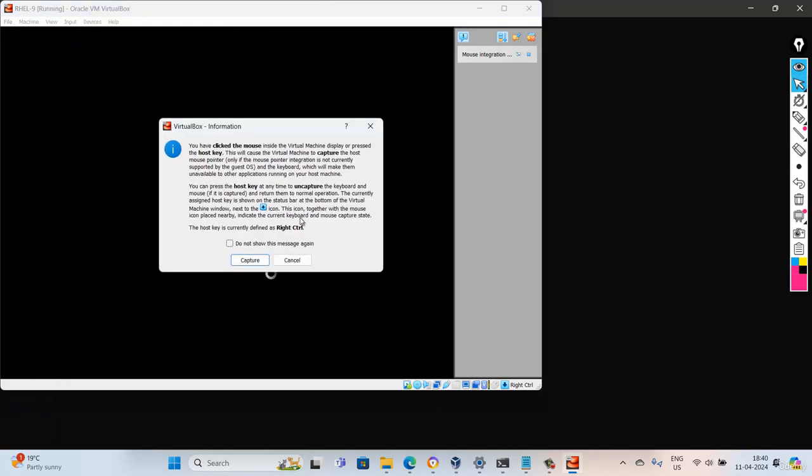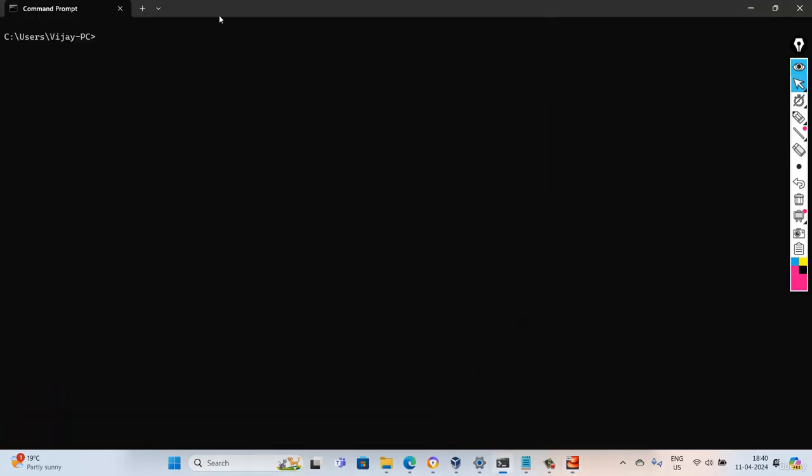Here I am using RHEL 9, and you can do the same thing in Kali Linux, Ubuntu or other Linux-based operating systems.